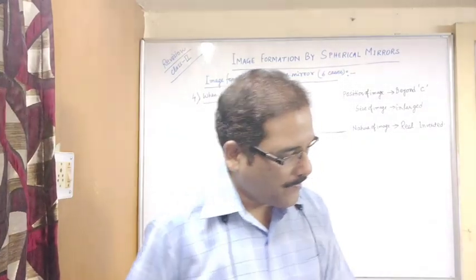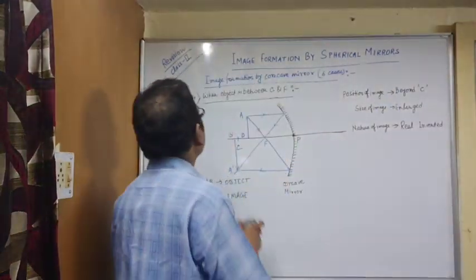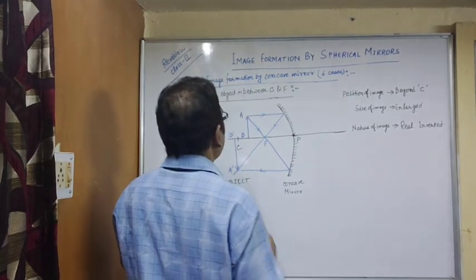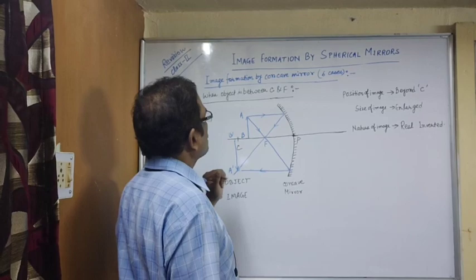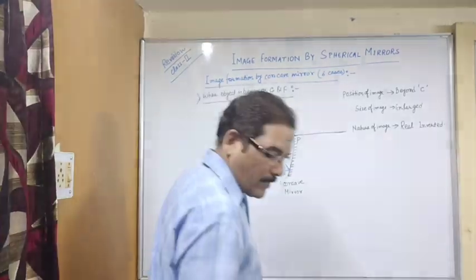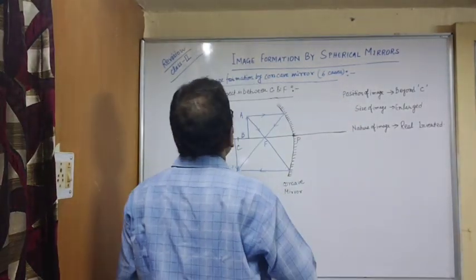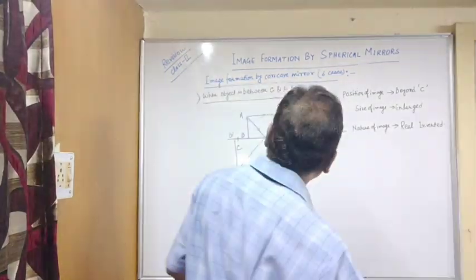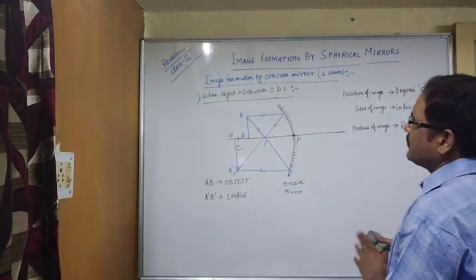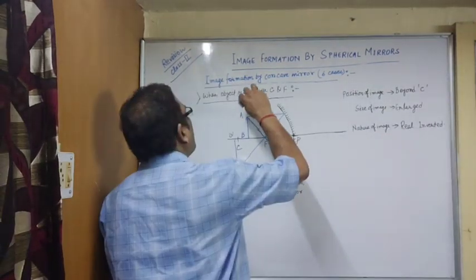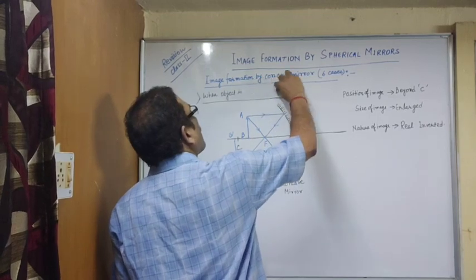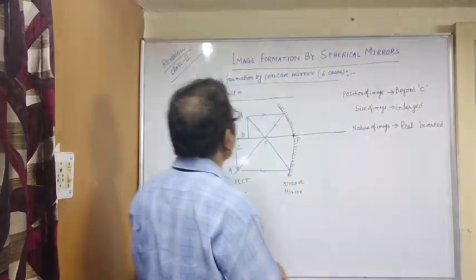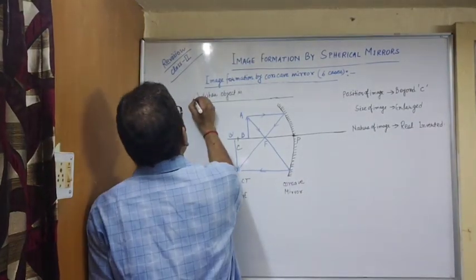Now we will discuss the fifth case. In fifth case, we further shift the object towards the mirror. So in this case the object will be at F. When object is at F, this is case number 5.